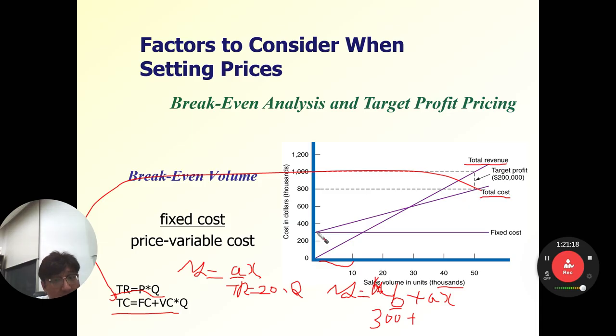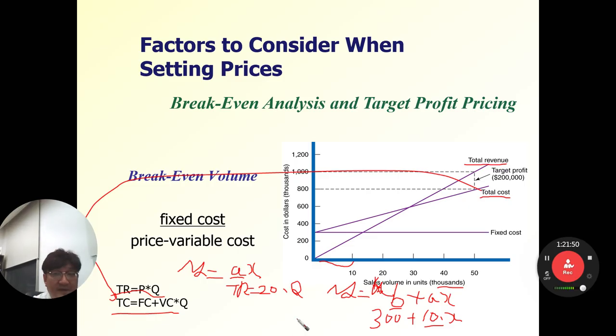If you make 10 units, the cost increases by 100, which means what? Yes, the variable cost is 10 times X. X is Q, in fact, right? So the price is $20, the variable cost is $10, and the fixed cost is 300.